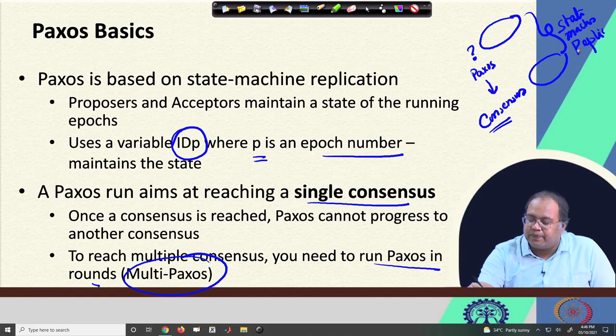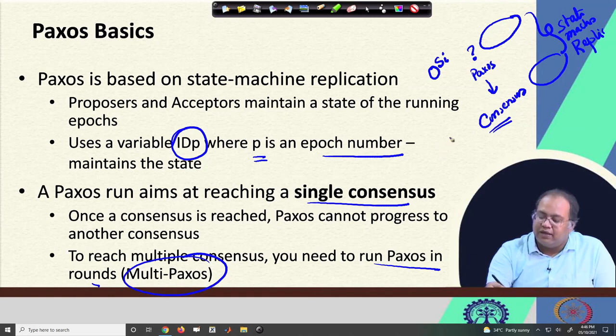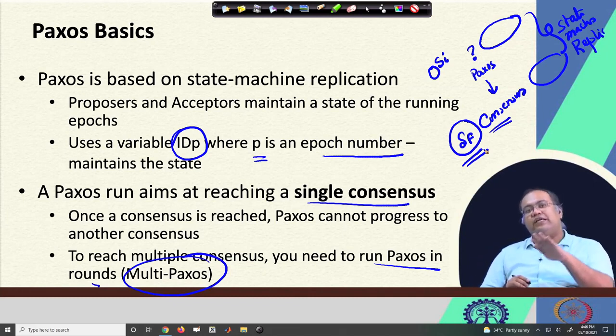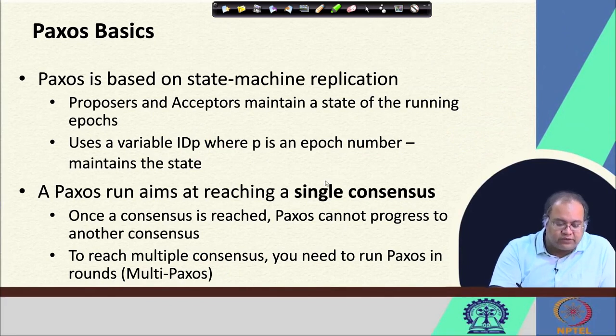In this context, again I am repeating that I will have a certain initial state SI. I run Paxos and I reach a final state at consensus. This final state is something where every correct node will arrive and they will not be able to deviate from this final state SF. So Paxos ensures that once you reach a consensus state, you will not be able to deviate from that state.